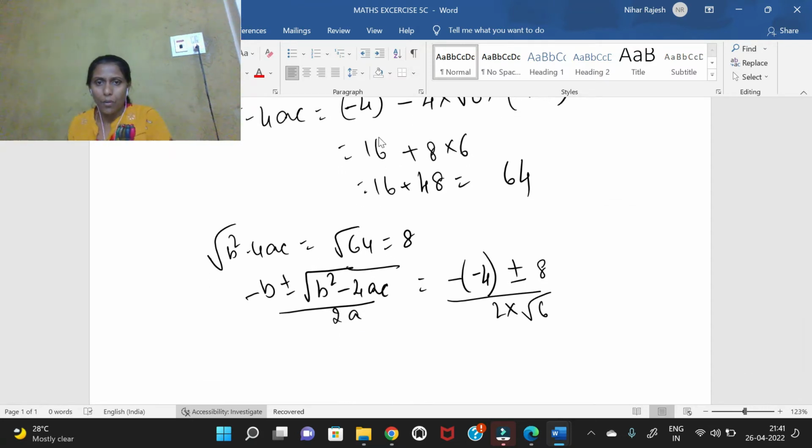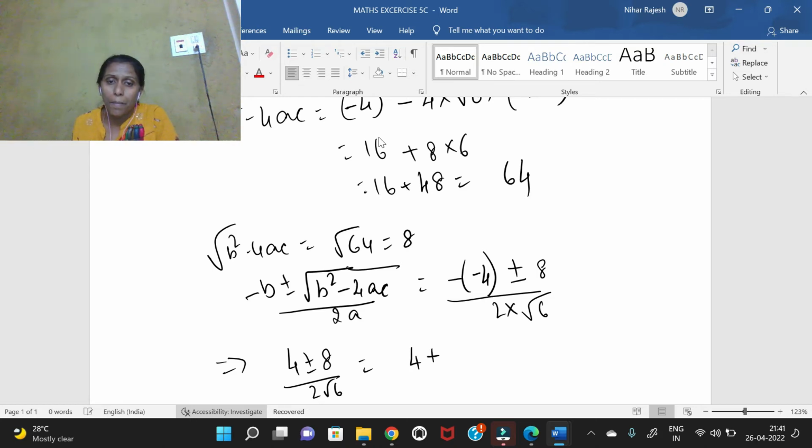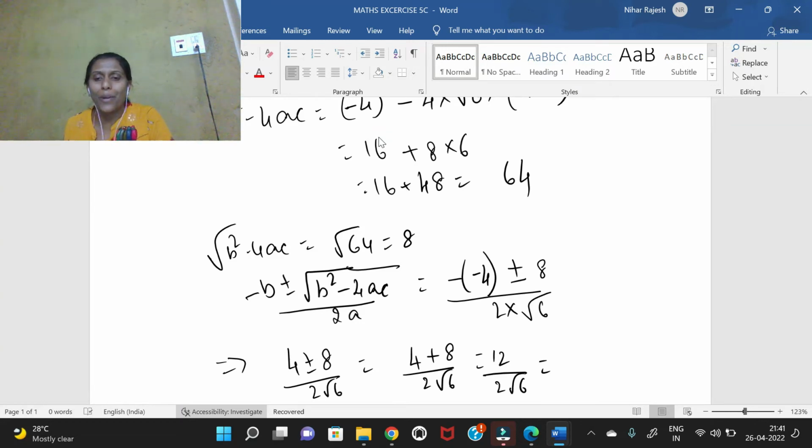Fine. So, now let us simplify again. Minus into minus is plus, and 4 plus or minus 8 divided by 2 root 6, which is 4 plus 8 by 2 root 6, which is 12 by 2 root 6, which is equal to, how can I say this?